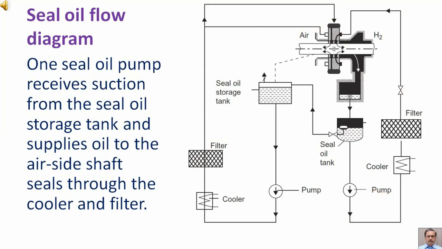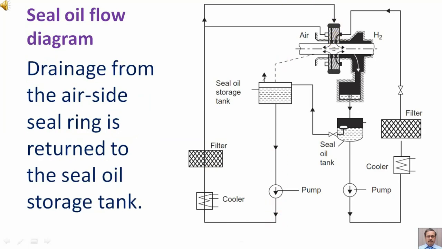One seal oil pump receives suction from the seal oil storage tank and supplies oil through the cooler and filter to the air side shaft. Drainage from the air side seal ring is returned to the seal oil storage tank.